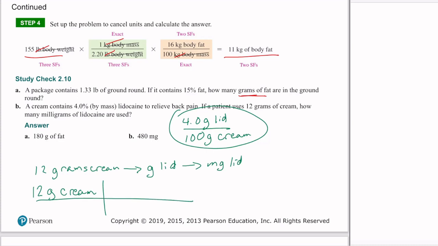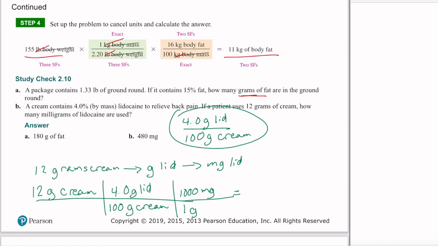There are 4 grams of lidocaine in 100 grams of cream. Now we have grams of lidocaine, but we were asked to find milligrams of lidocaine, and so 1,000 milligrams is 1 gram.